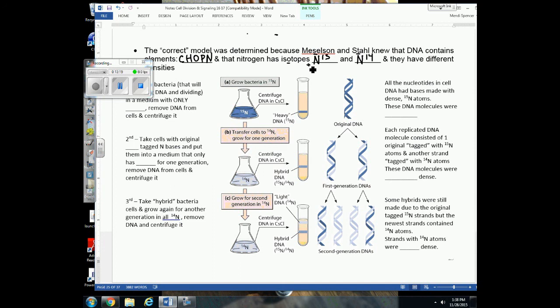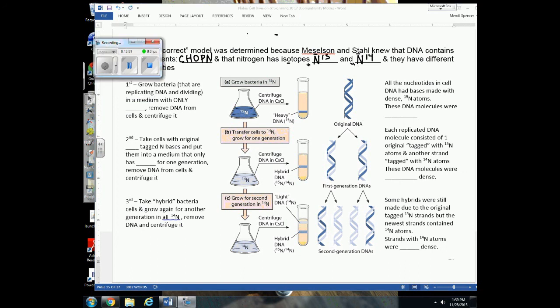If we just add nitrogen 14 to a medium where there are cells that are actively dividing and replicating their DNA, then the only thing they're going to be able to use to make their DNA is this nitrogen 14. So here's how they started this experiment. They started growing bacteria in a medium that only had nitrogen 15 atoms in it. So if these cells are copying DNA, making new molecules of DNA, then all that DNA is going to have is those nitrogen 15 atoms.